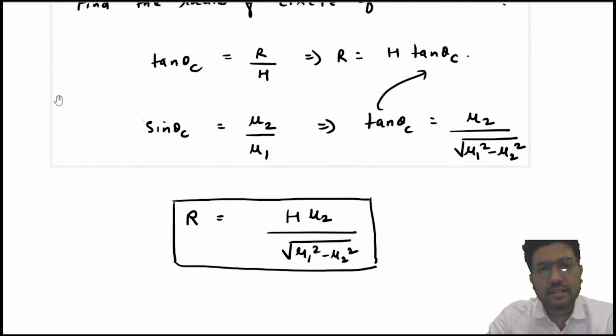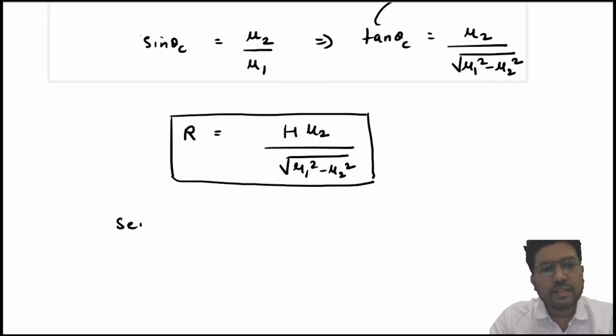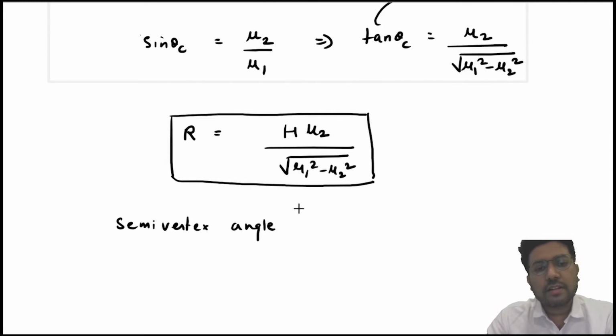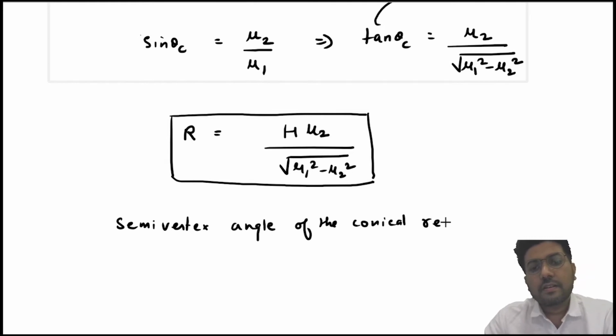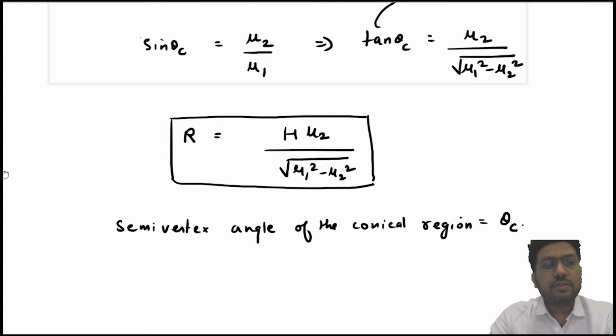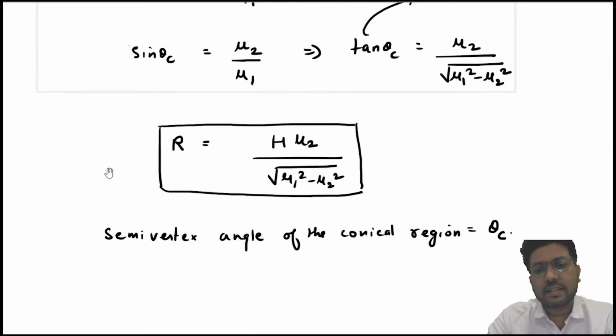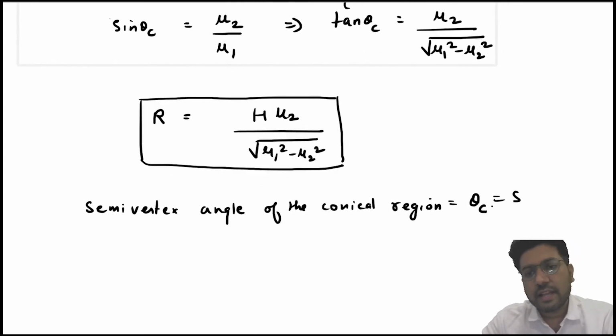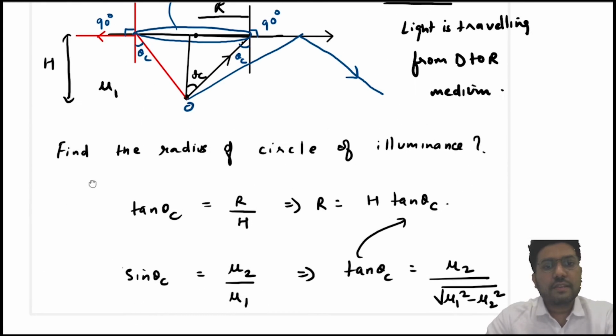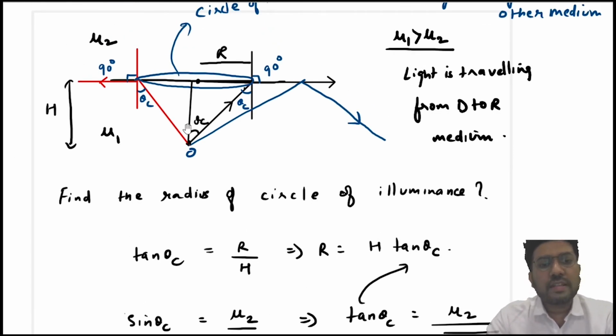So the semi-vertex angle of the conical region is equal to theta c, and we know the value of sin theta c here. So theta c is equal to sin inverse mu2 by mu1. And if they ask you the full angle of the cone, then you will say the angle is 2 theta c, right?